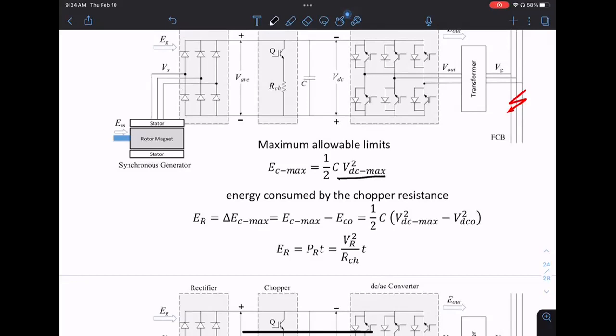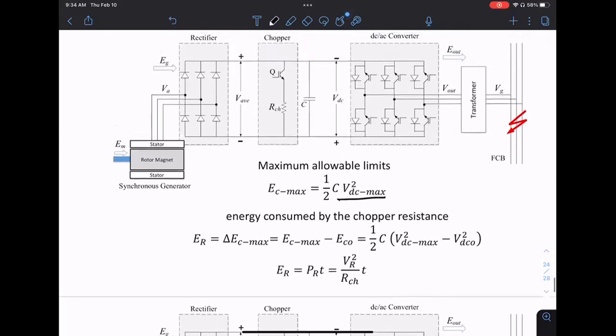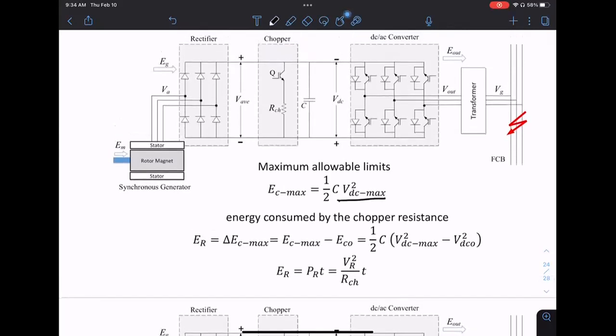So what this gives you is a way to control the switch. You have some time you want to dump the energy for, and some voltage that's being set up. What you do is control the switch, so you control the duty cycle K to get rid of the energy.